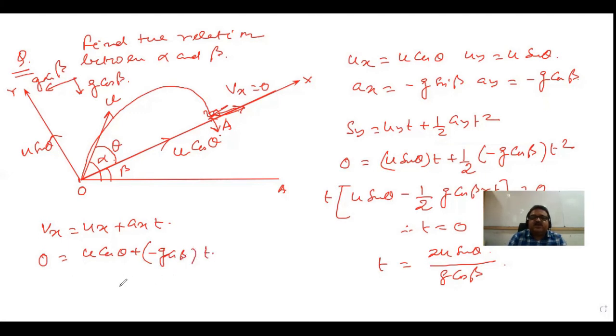So put down the value for t. Let me write it first. U cos theta is equal to g sin beta into t. T equal to 2u sin theta by g cos beta.